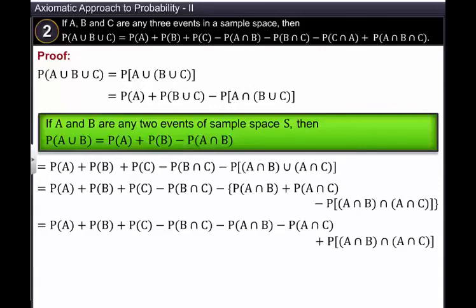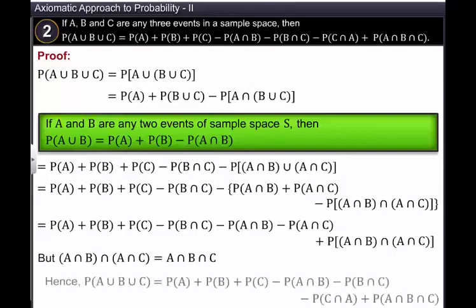Since (A intersection B) intersection (A intersection C) is equal to A intersection B intersection C, we get P of A union B union C is equal to P of A plus P of B plus P of C minus P of A intersection B minus P of B intersection C minus P of C intersection A plus P of A intersection B intersection C. Hence the theorem is proved.